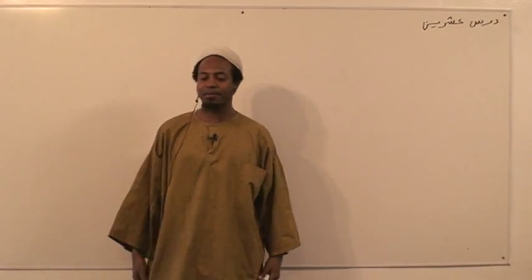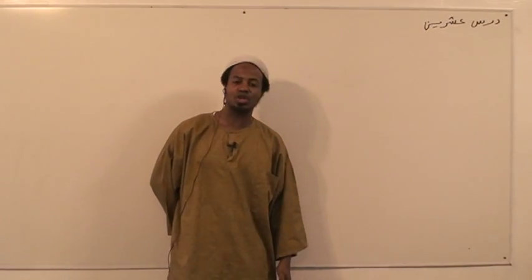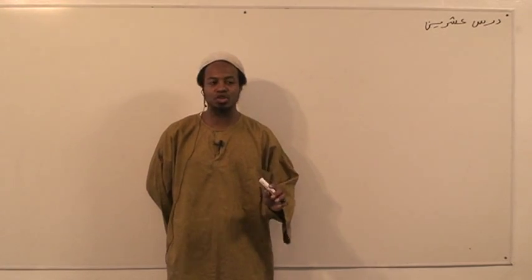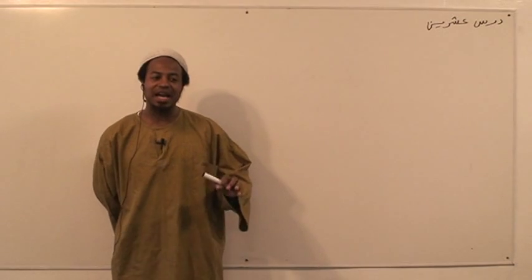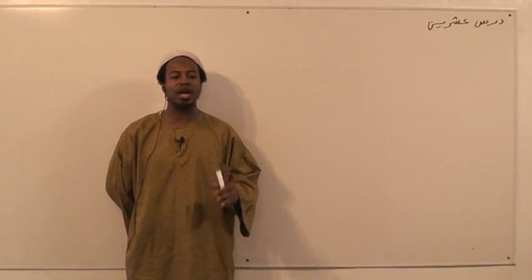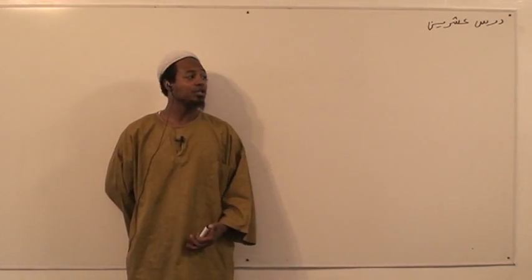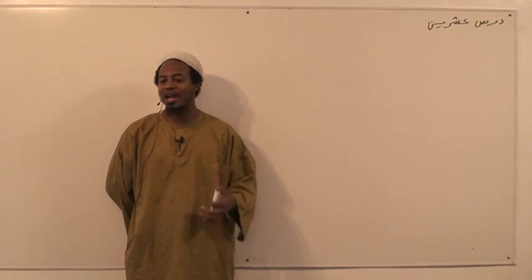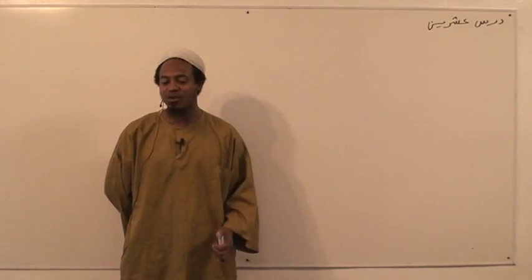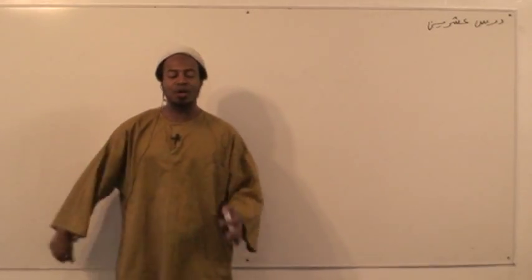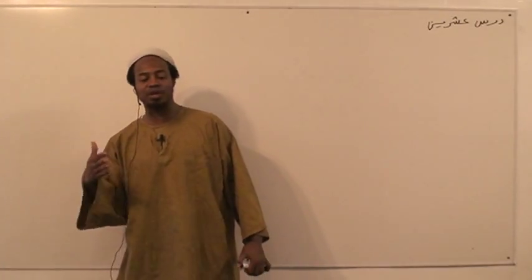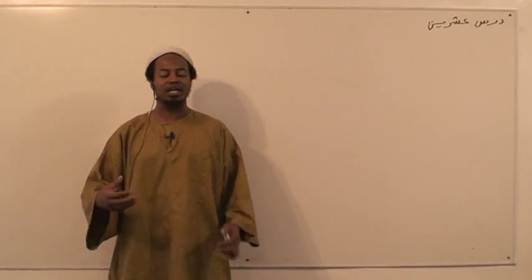We're taking it slowly. Some people might be thinking that we're going too slow with regards to two things here: Alamat, or the signs of Raf'i. The reason why I'm taking our time with this part is because you have to be strong-footed, solid, and grounded in this science before you can move on to the next subject, which would be the signs of Nasb and things like that.